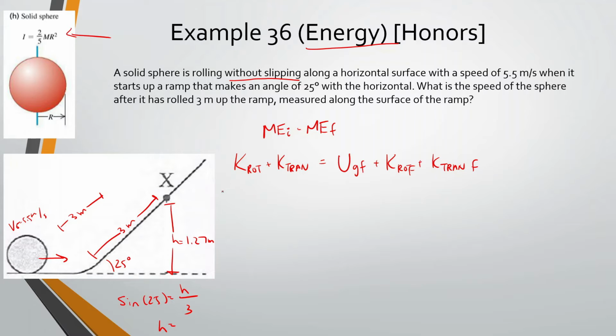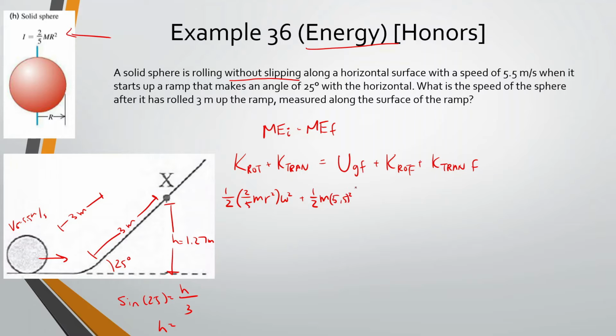So we have rotationally one half, and then the inertia, which is 2/5 m. Is m given to us? M is not given to us. R squared, is r given to us? No, r is not given to us. R squared, and then we have omega squared, plus 1/2 m, again not given to us, v squared. So it is given to us initially. This is going to be 5.5 squared.